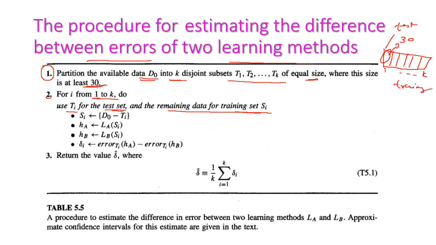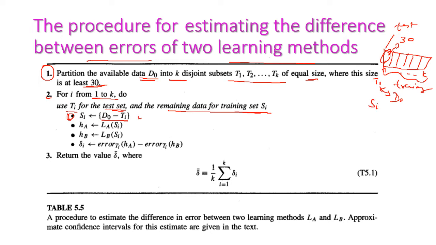So the first step is Si, which is equal to D0 minus Ti. The entire thing is D0. From this we have taken for test T1, so we need to separate this T1 from this D0, then we can get Si.